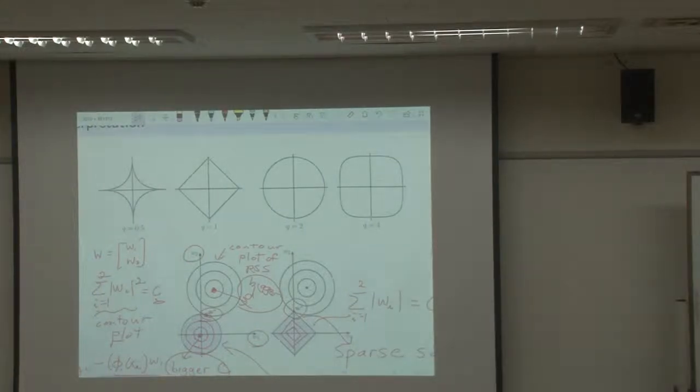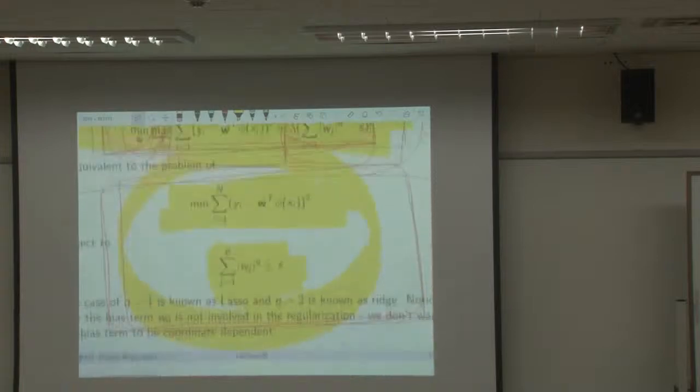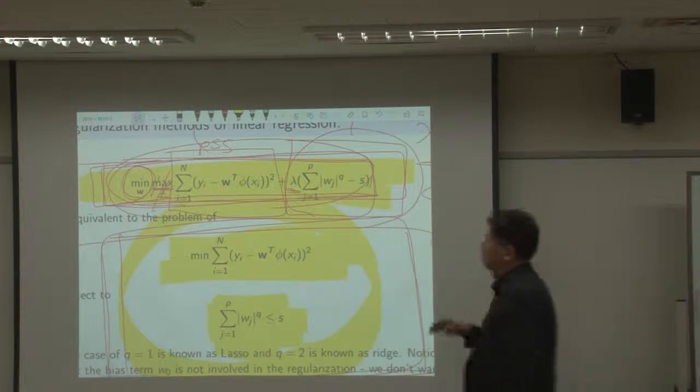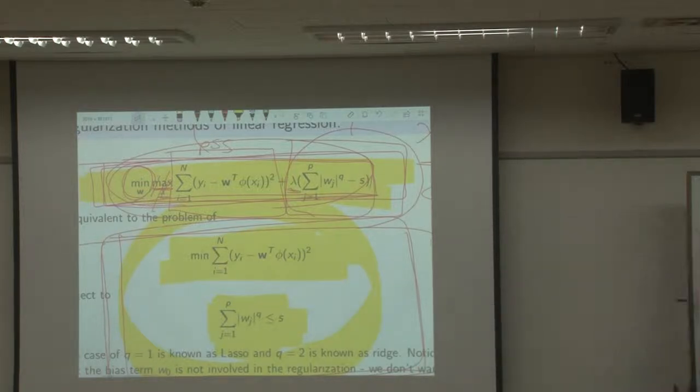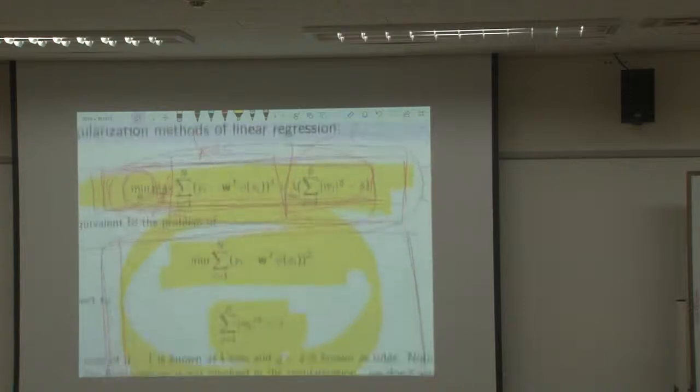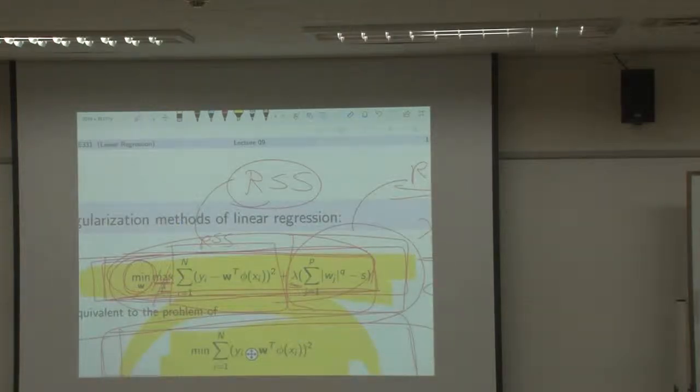So, solving an equation like this, where you're minimizing the residual sum and have some regularizer.